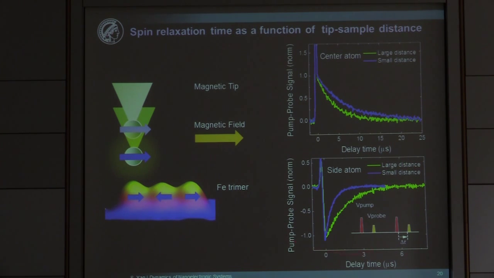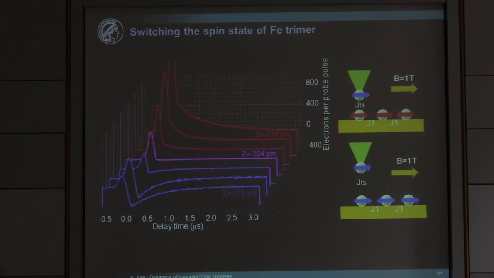So let's see what happens if we keep approaching the tip to the side atom. What will happen once the distance gets really small? What we found is that if you keep going on this side atom, at some point the lifetime is already beyond the time resolution of our system, below several nanoseconds.